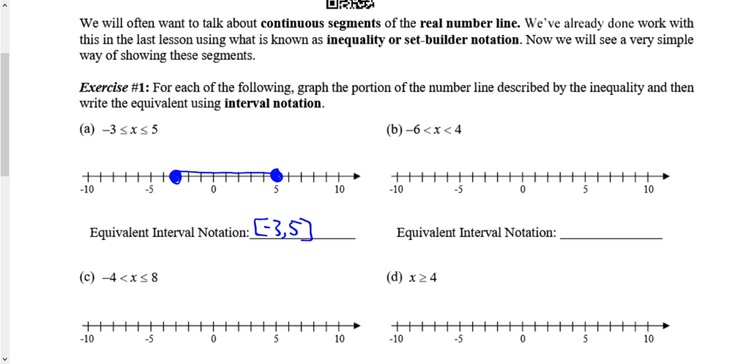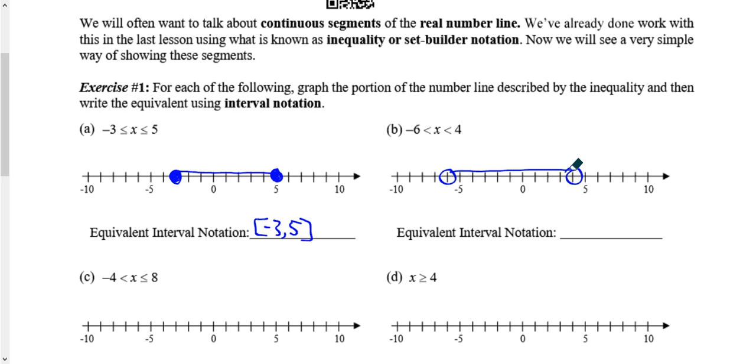Let's look at this one here. X is between -6 and 4, non-inclusive of either one, right? Which would imply open circles. So open circle on -6, open circle on 4, and in between.